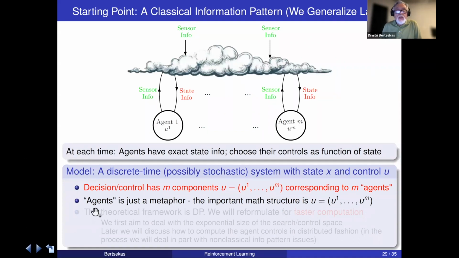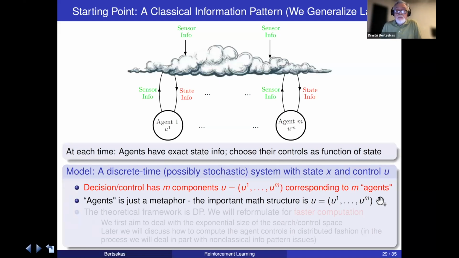Let me also mention here that agent is just a metaphor. The important structure from a mathematical point of view is that U consists of M components. These components may correspond to agents traveling in a geographical area, like the trucks in a multi-vehicle routing problem that go around in different locations, and they get their information perhaps from a central dispatcher or by communicating through some kind of channel with each other.